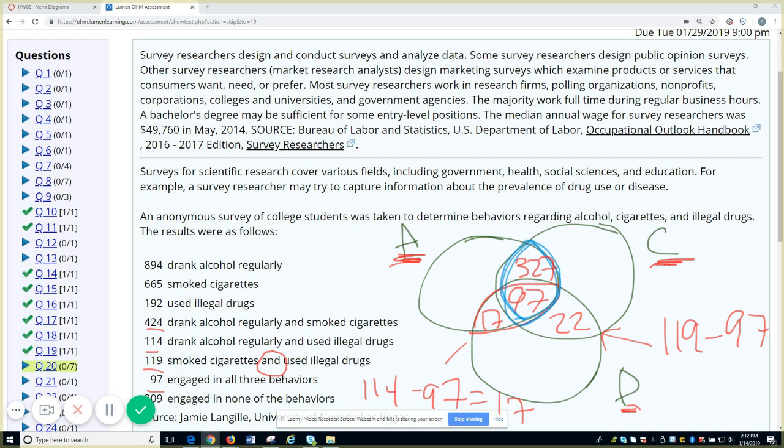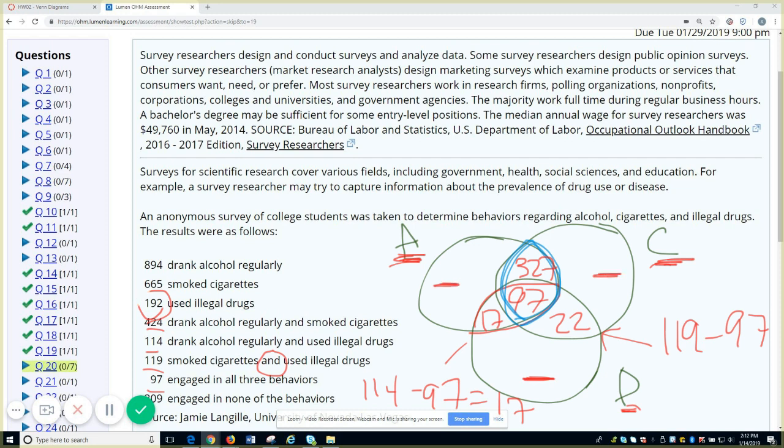All right. Next, we've got all the singular values. However, those need to be adjusted as well. What we're left with is just to fill in the number of people who, for instance, just did drugs or just drank alcohol or just smoked cigarettes.